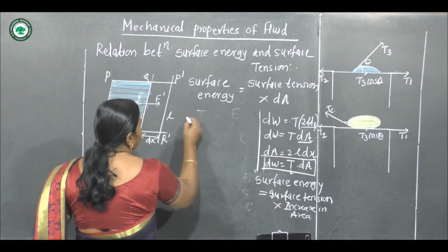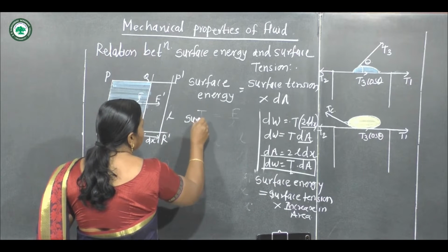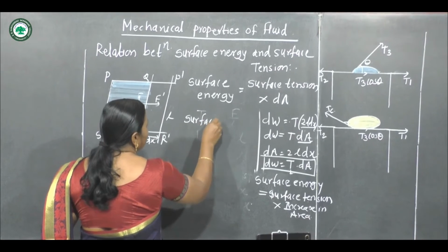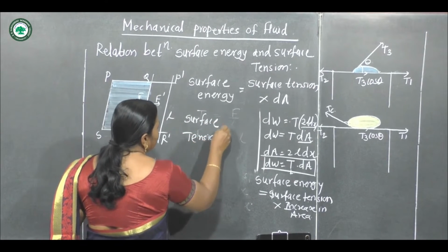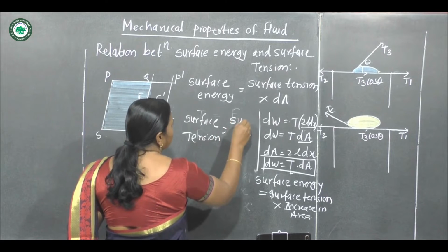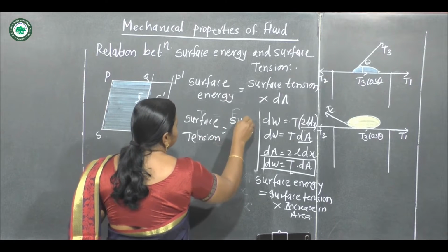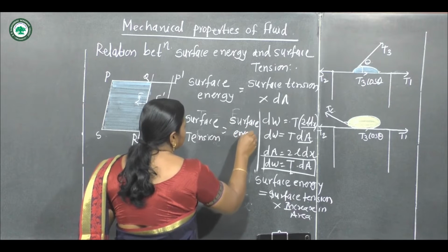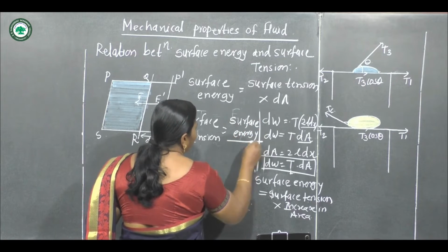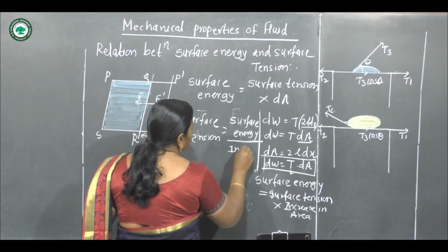Therefore, surface tension is equal to surface energy divided by increase in area.